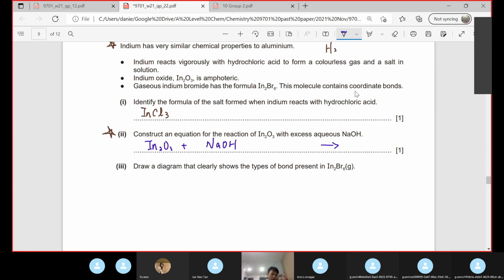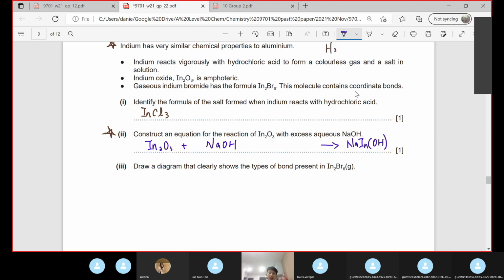So what does it mean by the complex? What you need to know is that in the complex ion here, the anion is OH. Then you write down all the cations together, Na and also In.